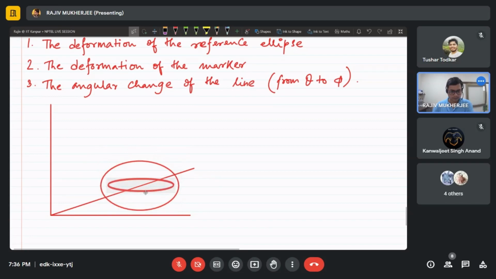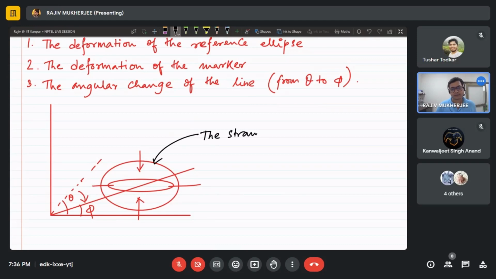So now this angle is phi. Previously it was theta, like this. So it has changed to phi. This axis has changed and this has shortened. So this is our strain ellipse now, with ellipticity Rs.